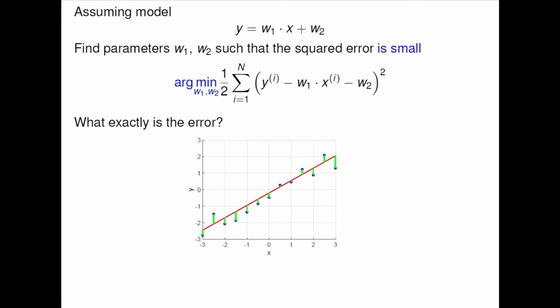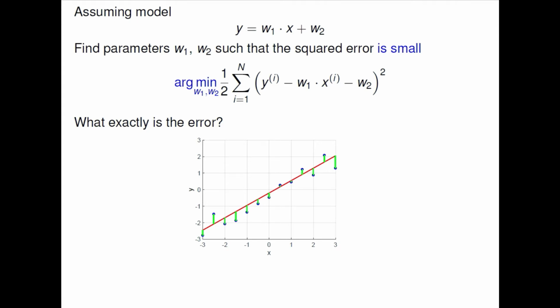The way we do it is fairly simple. Since we are given for every data point the y value, which is the true value, we subtract that true value from the predicted value of our model, which is given by w1 x_i + w2.